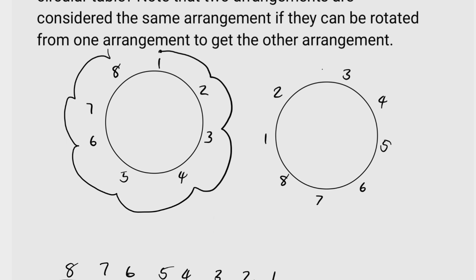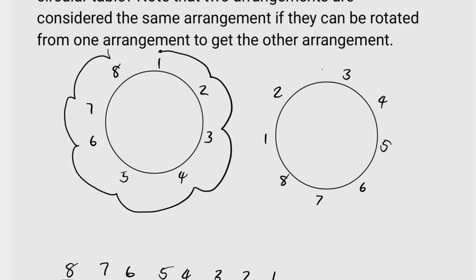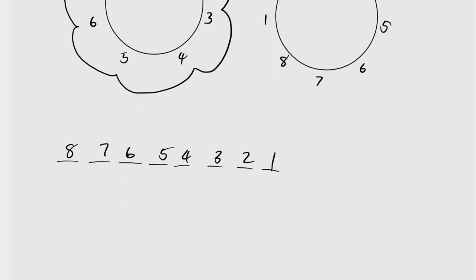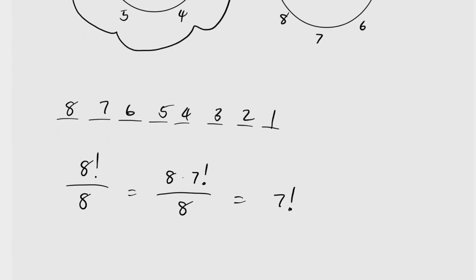So what you can see is that this can be rotated in 8 different ways, and all of those 8 arrangements would be considered the same. So it's going to be 8 factorial divided by 8, but we know that 8 factorial is just 8 times 7 factorial, right? You can go to one of my previous videos where I give an explanation for that. Therefore, the final answer is 7 factorial.